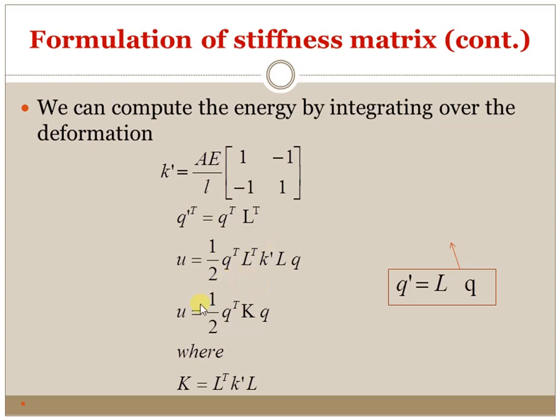Finally you will get 1 by 2 q transpose times capital K times q, the simplified form of the above equation, where K is nothing but L transpose times K dash times L, where K dash is A E upon L times [1 -1; -1 1]. L is known, that is [L M 0 0; 0 0 L M], which we discussed in previous slides. So our aim is to find this K, the stiffness matrix for this truss.